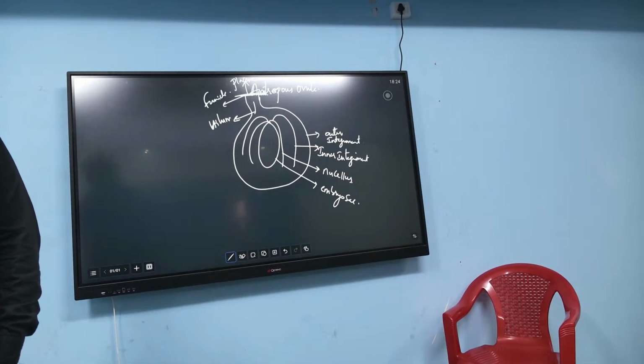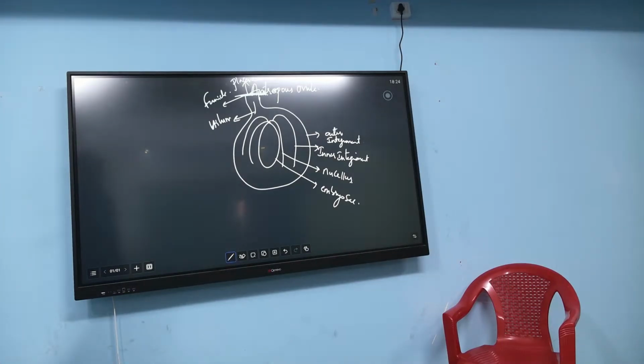When we talk about the anatropous ovule, what is this anatropous ovule now? We studied the ovule. Inside the locule, the ovule is attached. If the ovule is attached on the opposite side, inverted, upside down, that time it is called an anatropous ovule.